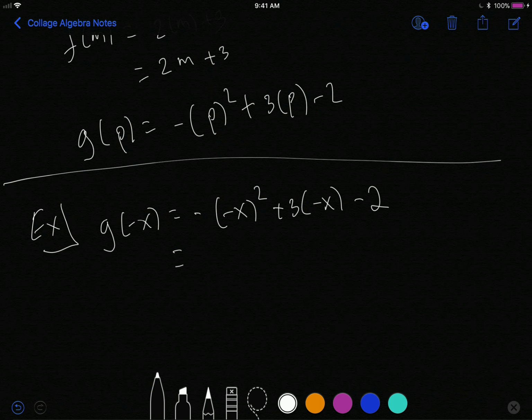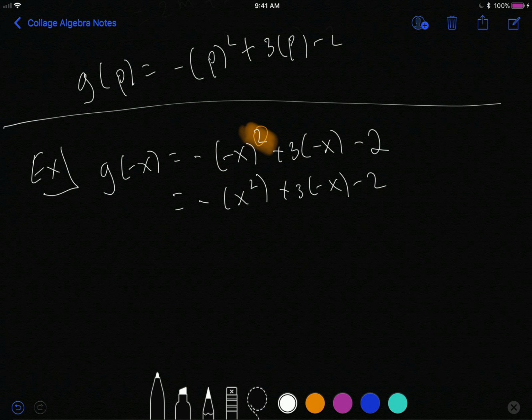And so of course, PEMDAS holds here, your order of operations. You have to do the exponent first. And so what we would end up with is negative x squared plus 3 times negative x minus 2.